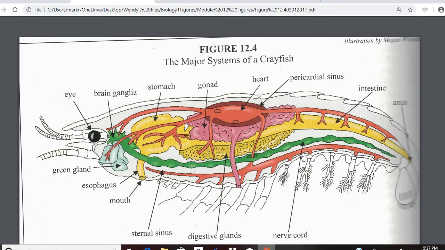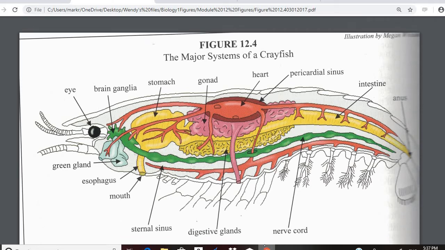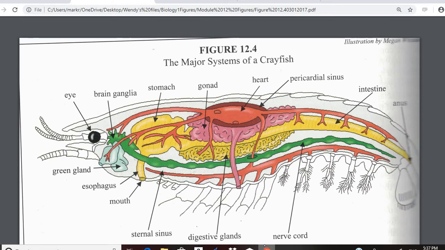Back here you can see this area called the green gland, and the blood directly bathes the tissues. So as we said, it's an open circulatory system. And that is how oxygen gets transported to where it is needed, and you have direct contact between the blood and the tissue.